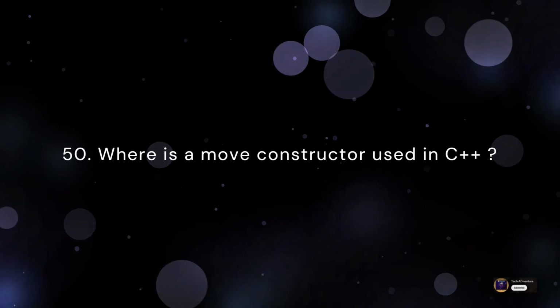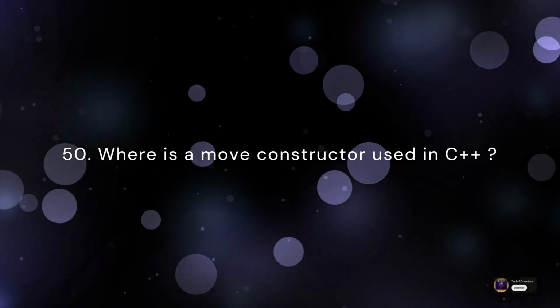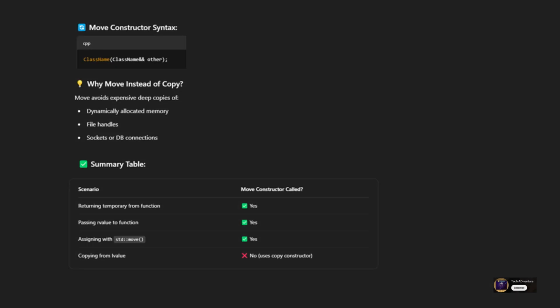50. Where is a move constructor used in C++? A move constructor is used when an object is initialized from a temporary object or rvalue, allowing the transfer, or move, of resources instead of copying. This is especially useful for classes that manage dynamic memory or other heavy resources. Here are some common scenarios where a move constructor is beneficial.